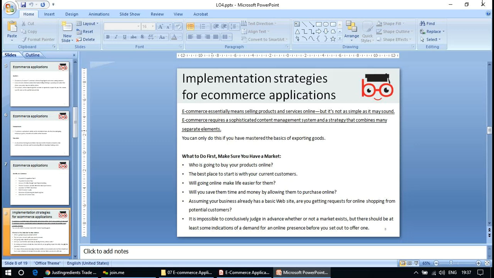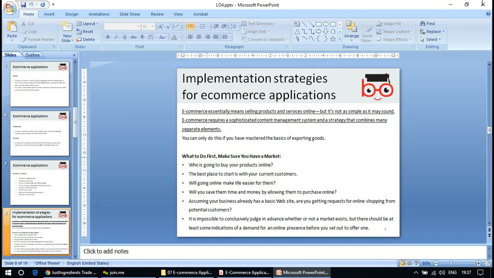So strategies are advised that your e-com system should be sophisticated enough, so that your content management system should be well managed. You can only do that if you have mastered the basics of exporting goods.